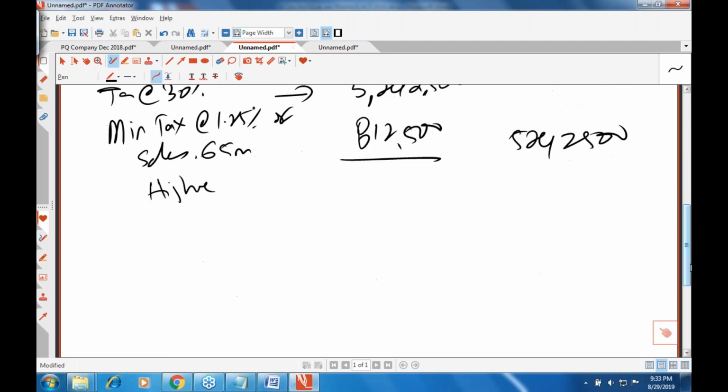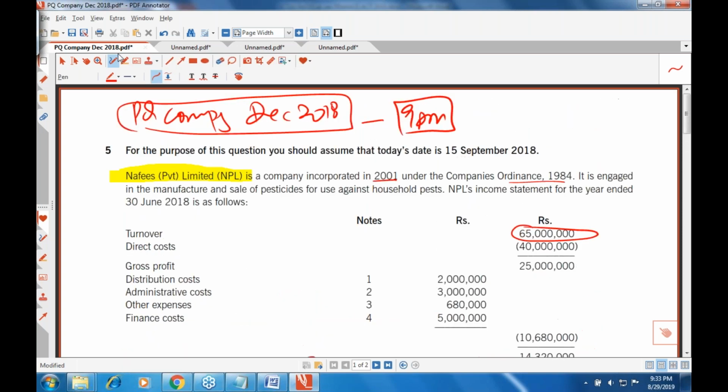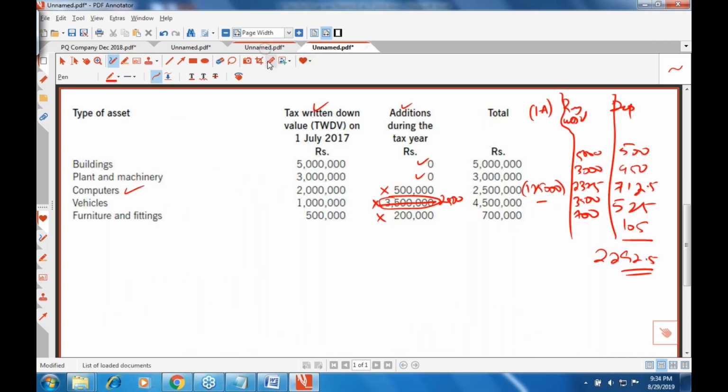5,242,500. And now, less the taxes deducted. What are the taxes that have been deducted? If you look at this, there was an advance tax of 5 million.